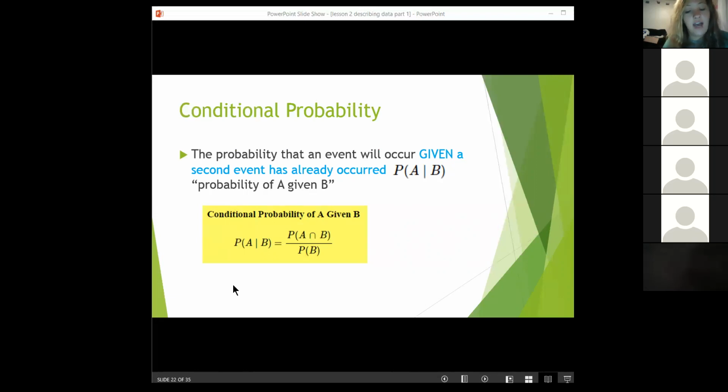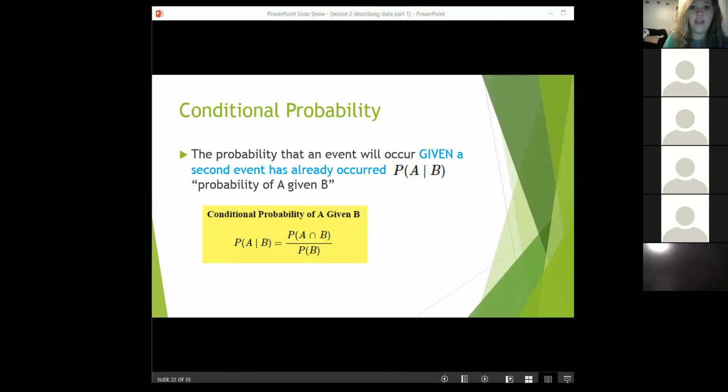So you would need to have your probability of A intersect B, so probability of A and B, divided by the right side of your conditional probability. So the second part, after the given, that's going to be your denominator always.